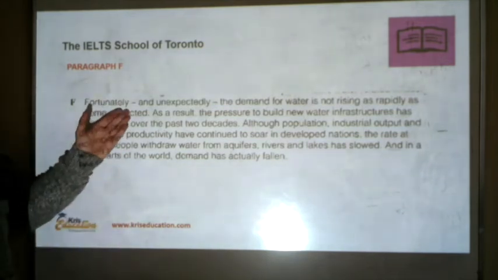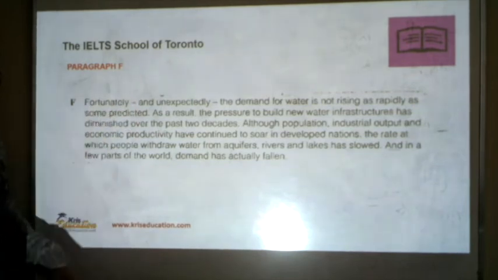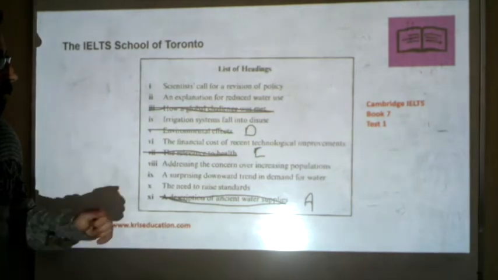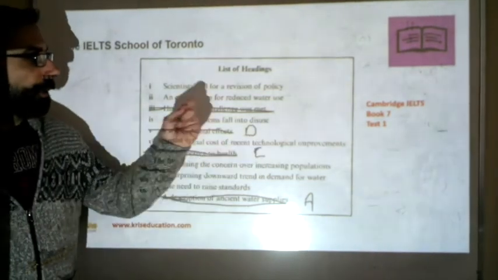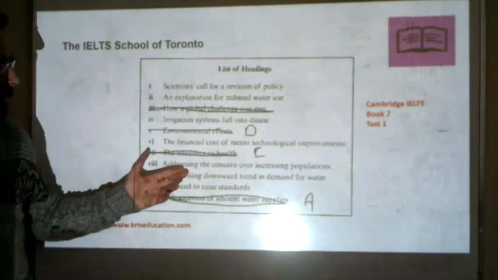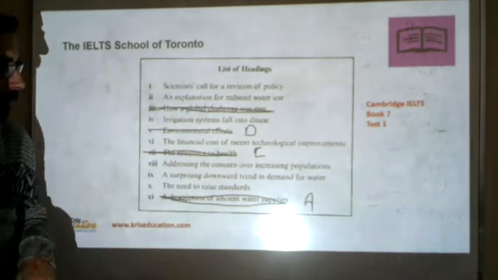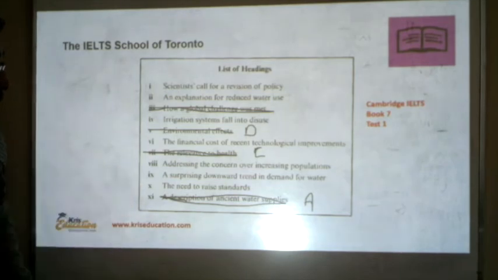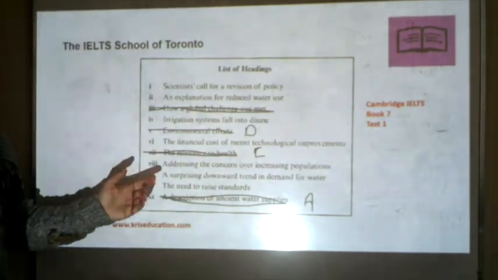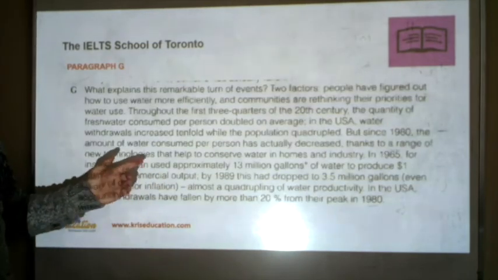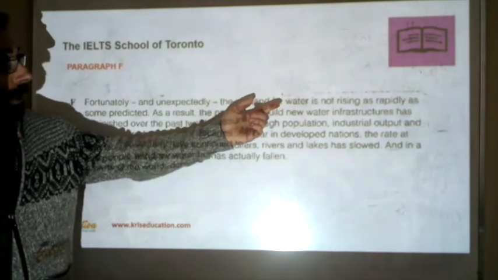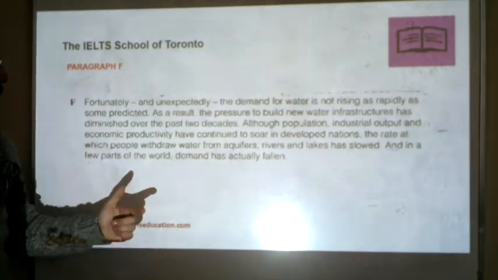It doesn't mention anything about explanation. Irrigation system, nothing. Financial cost of recent technological improvements, it doesn't talk about cost. Addressing the concern of the increasing population, it doesn't mention anything like this. A surprising downward trend in demand for water, it does say that the demand for water is declining.